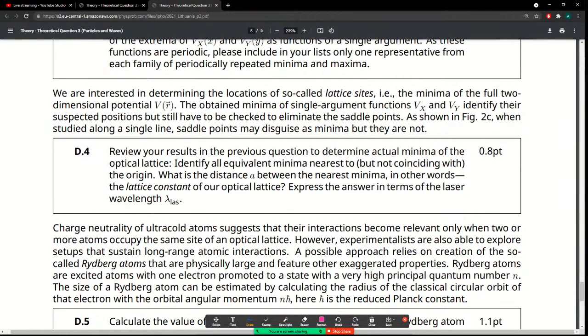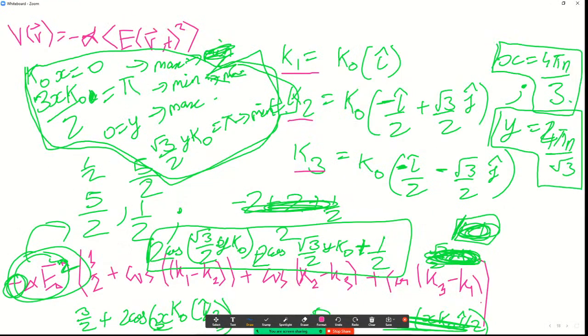Yeah, the actual minima would be both of them together.